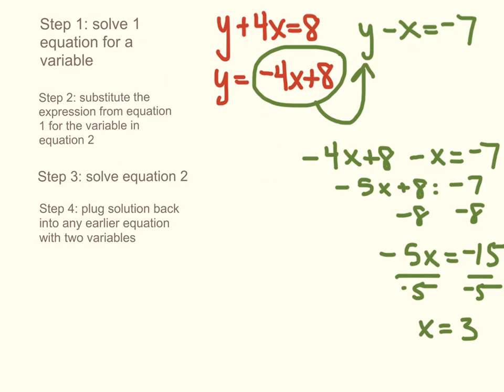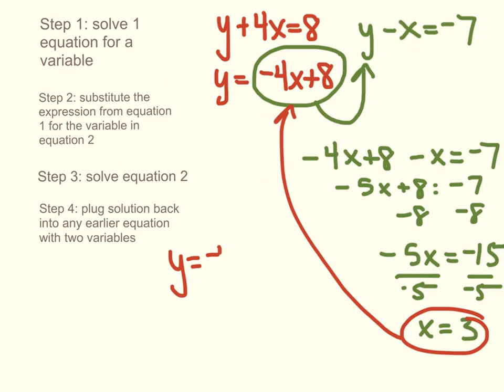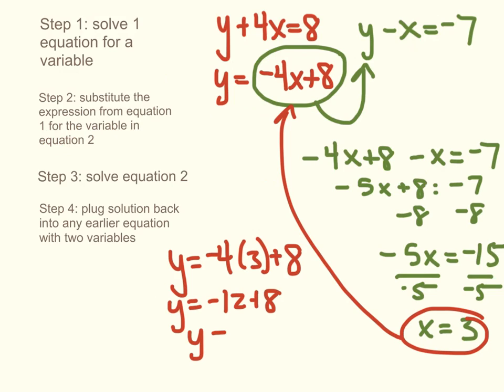So we're going to take this x equals 3 and we're going to sub this back in for this x. So now I get y equals negative 4 times 3 plus 8. And you see the reason why I'm doing this is because it's already set up for y equals. So whenever I solve this, negative 12 plus 8, I get y equals negative 4.